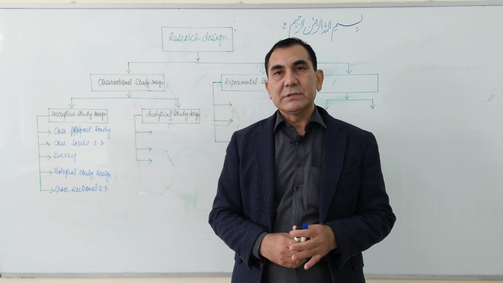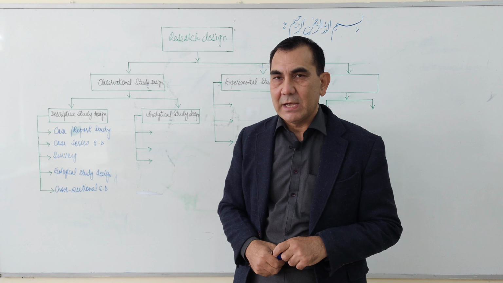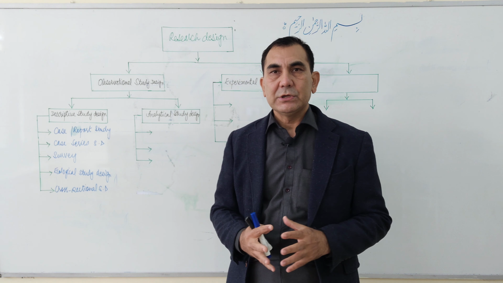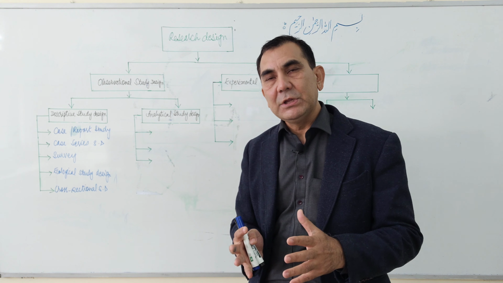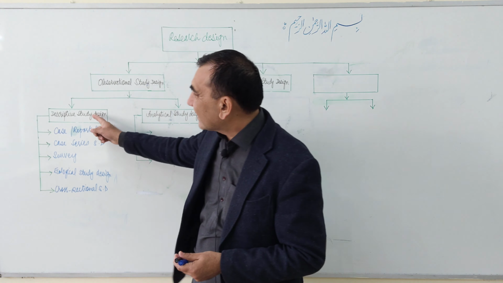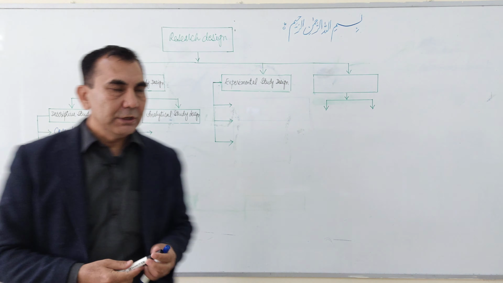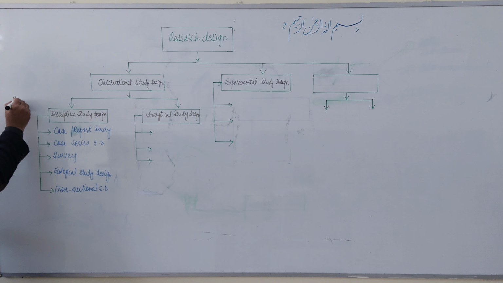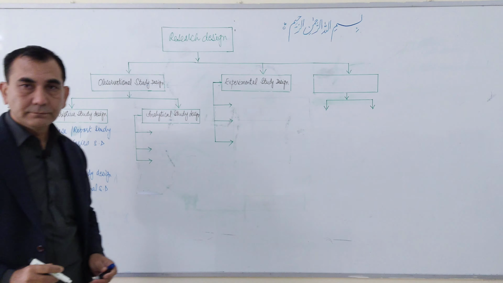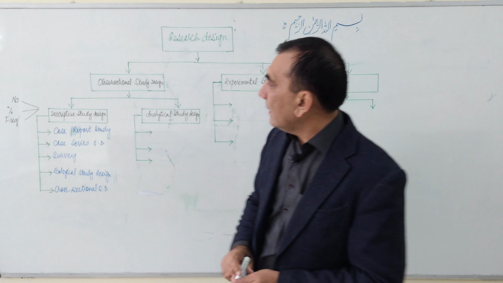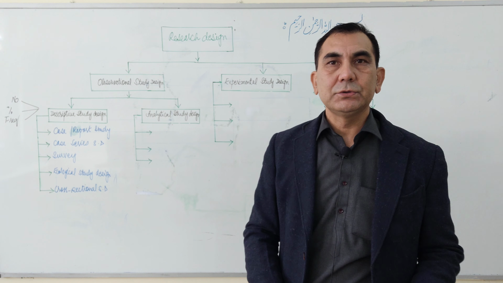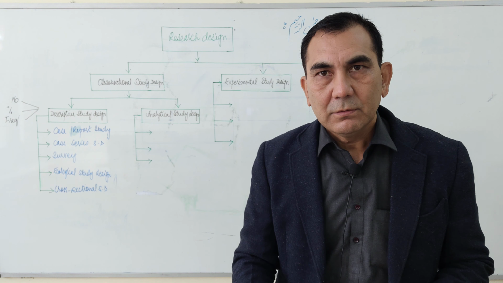The descriptive study design is the type of observational study design in which the researcher collects the information or data, summarizes and organizes the data, and comes up with a concrete conclusion to describe the result in the form of numbers, or in percentages, proportions or a frequency table. And in the descriptive study design, the researcher does not prove his research question or research hypothesis.